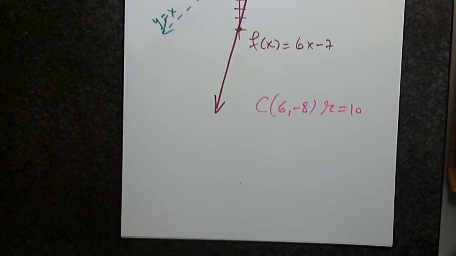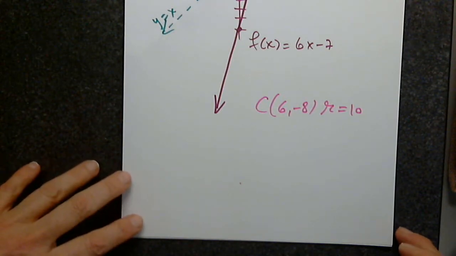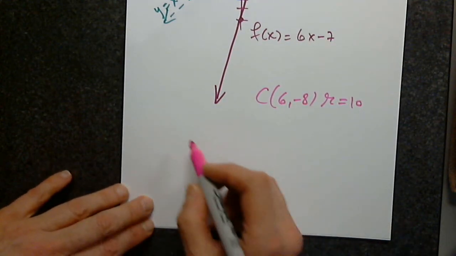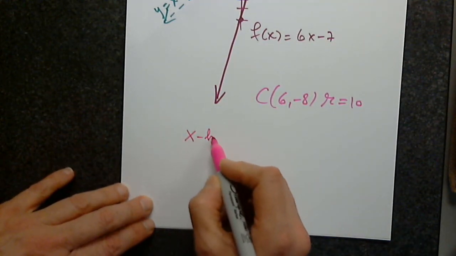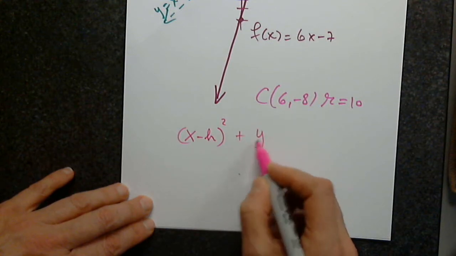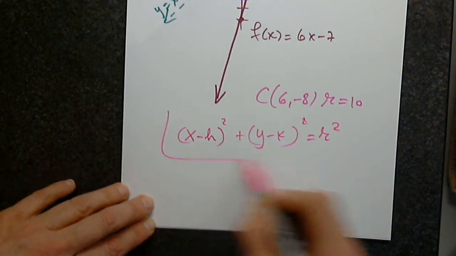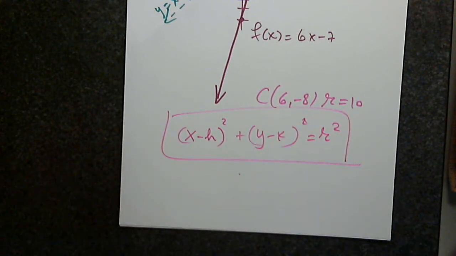What is the equation of a circle? Very similar to the distance formula. It's (x - h) squared plus (y - k) squared equals the radius squared. This is the equation of the circle.